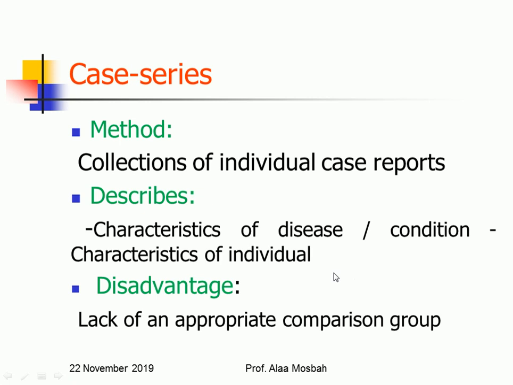It's a disadvantage: I don't have any control group. So lack of appropriate comparison group is a disadvantage in case series. And actually, case series study is the weakest of all observational and interventional studies. Case series is the weakest one.